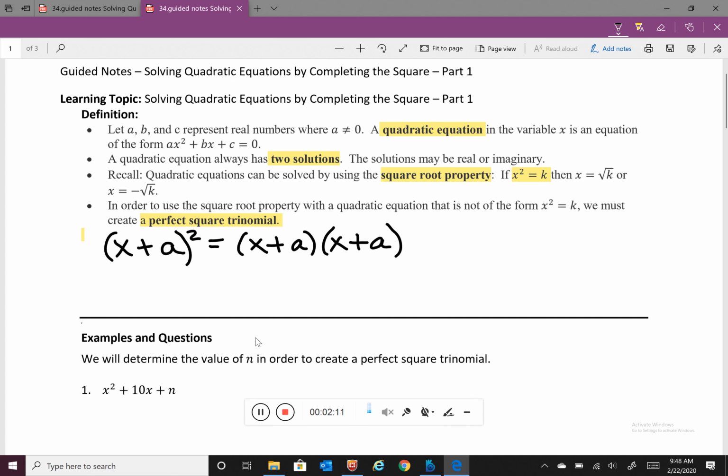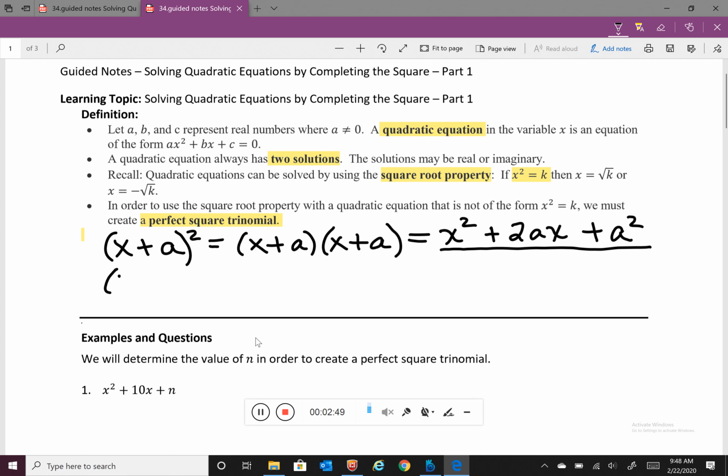And if we distribute, this results in x squared plus x times a plus a times x, which are the same, so we have two of them, so plus 2 times a times x, and then finally the last distribution gives us plus a squared, and this is what we call a perfect square trinomial. Trinomial meaning three terms. Perfect square because when we factor it, it is a binomial times itself, a square.